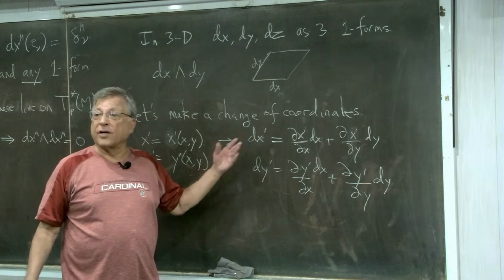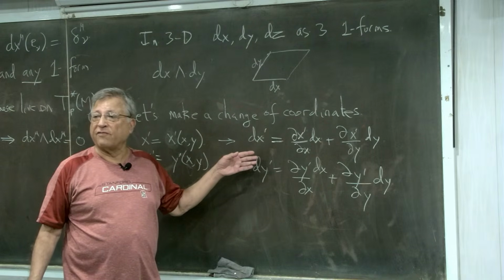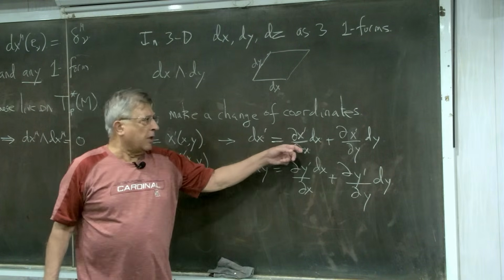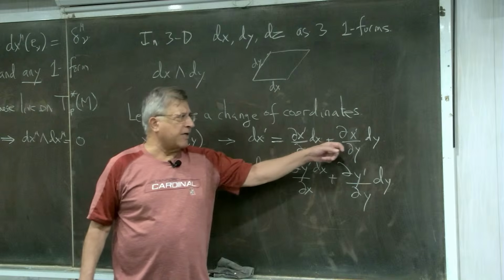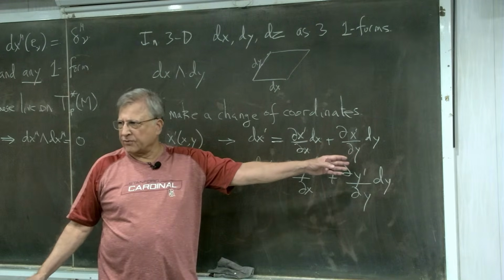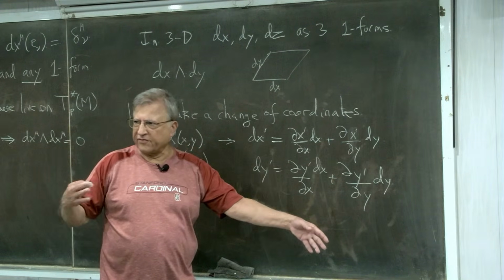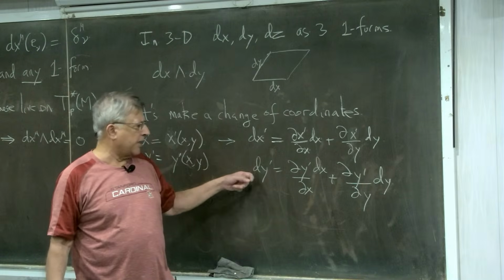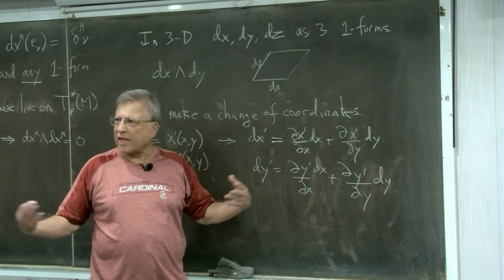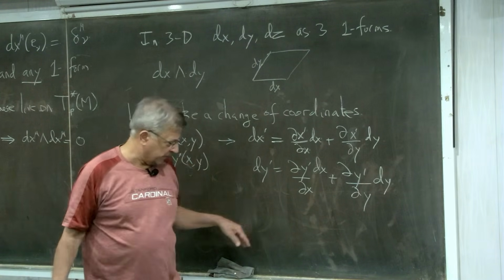Now we want to regard this as a transformation of forms. So let's say that dx and dy are forms, and then we make a transformation. Then dx prime and dy prime are the transformed one forms.